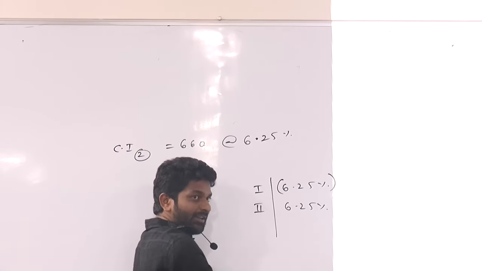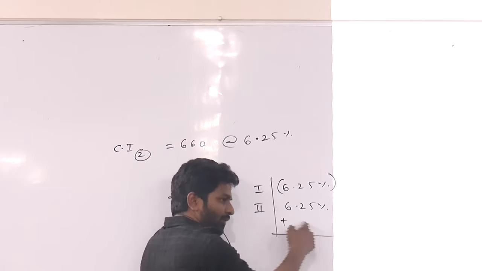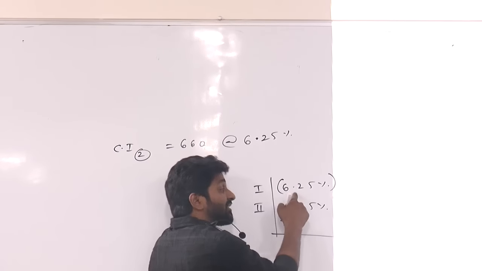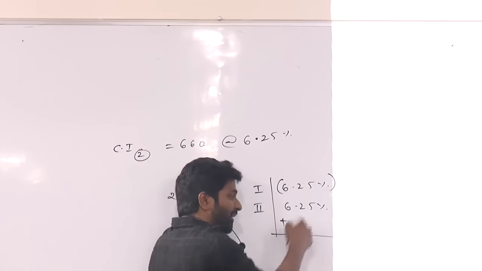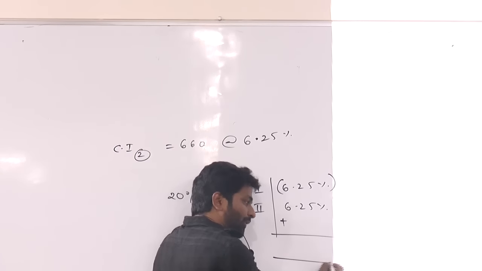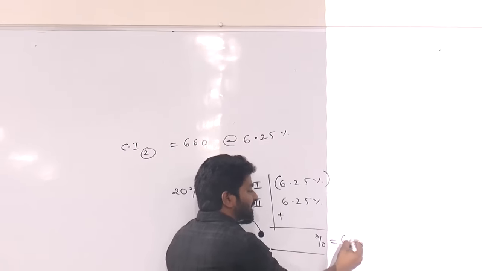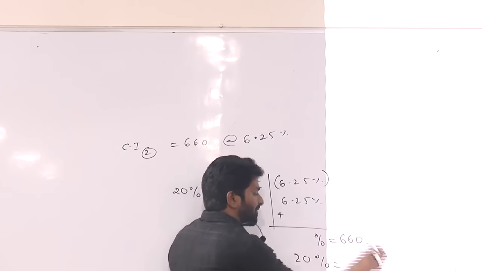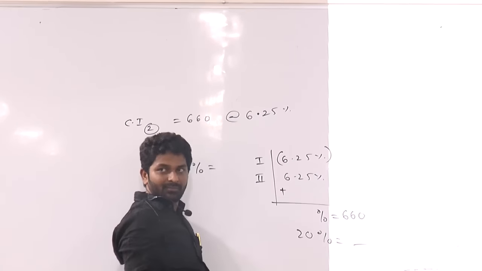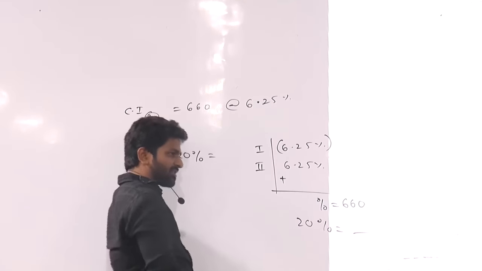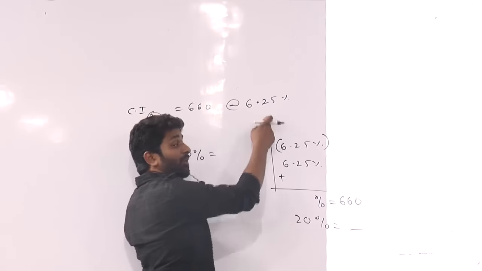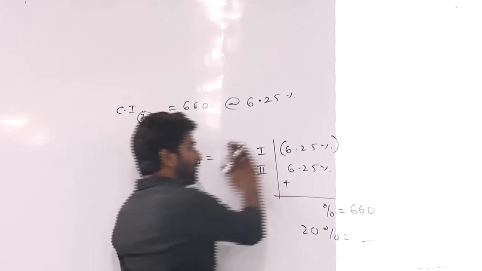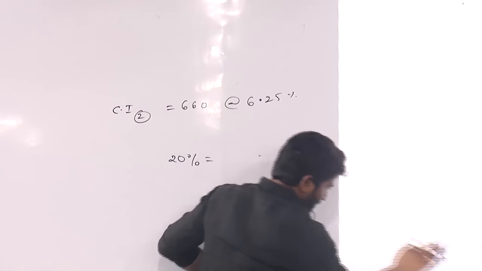You need to calculate that and you will have to add here. I don't want to do this method. I am telling you the way. You need to calculate 6.25% of this number and you need to add here. You will get total percentage and that is equal to 660. 20% is equal to how much? This is what you need to calculate. Okay, this is one way. I don't want to try this because getting 6.25% of 6.25% takes time. Don't want to do it. Now, let me go for other logic.